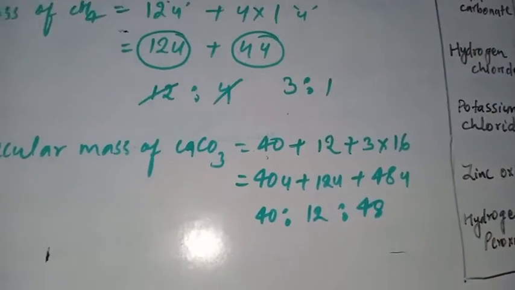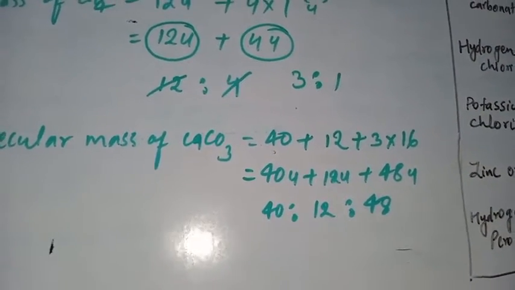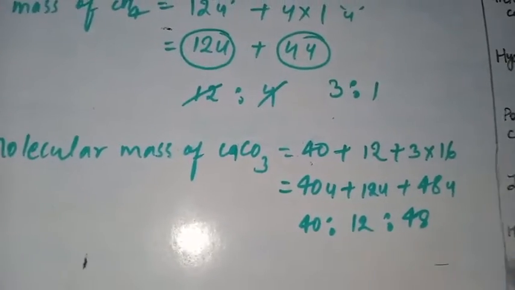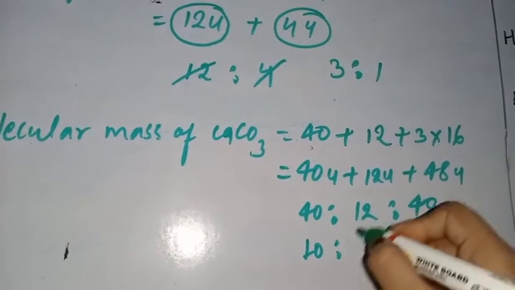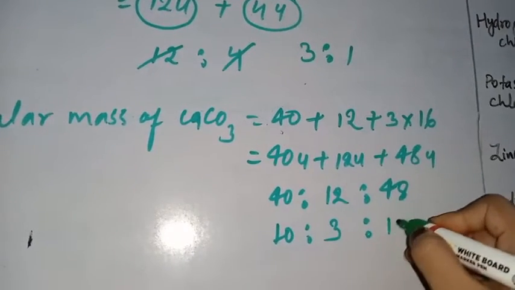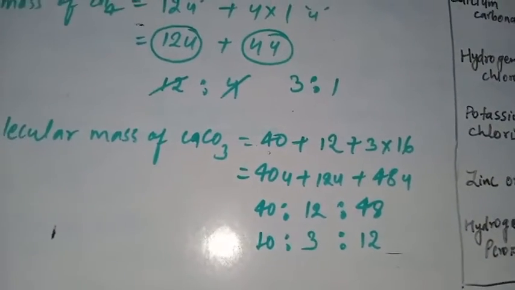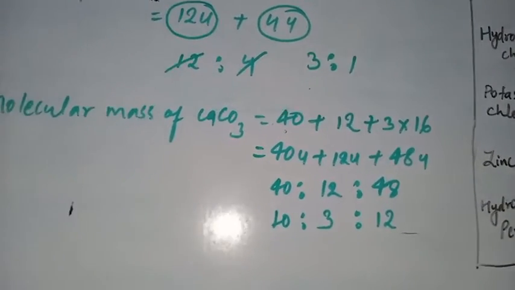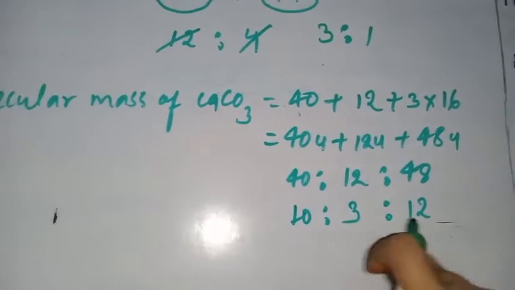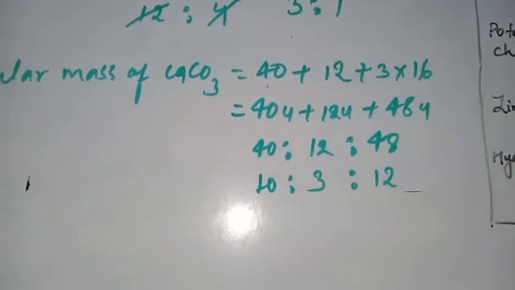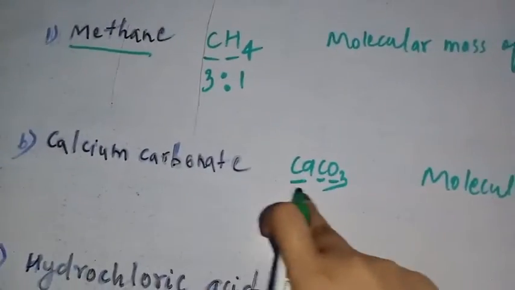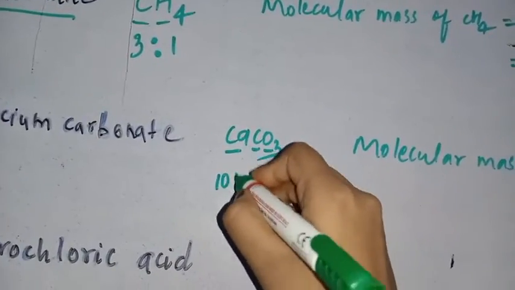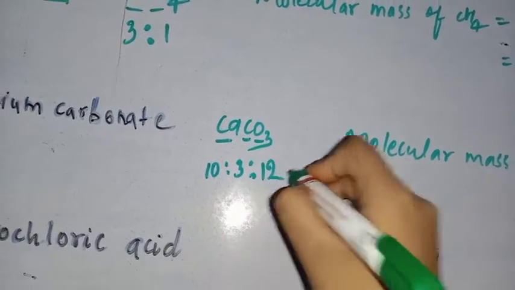Okay, so we simplify it by dividing every number by 4. So 40 divided by 4 we got 10, 12 divided by 4 we got 3, and 48 divided by 4 we got 12. Now can we simplify it further by any number? No. So this is the simplest ratio we have got. So the ratio of combining elements in calcium carbonate is 10 is to 3 is to 12.